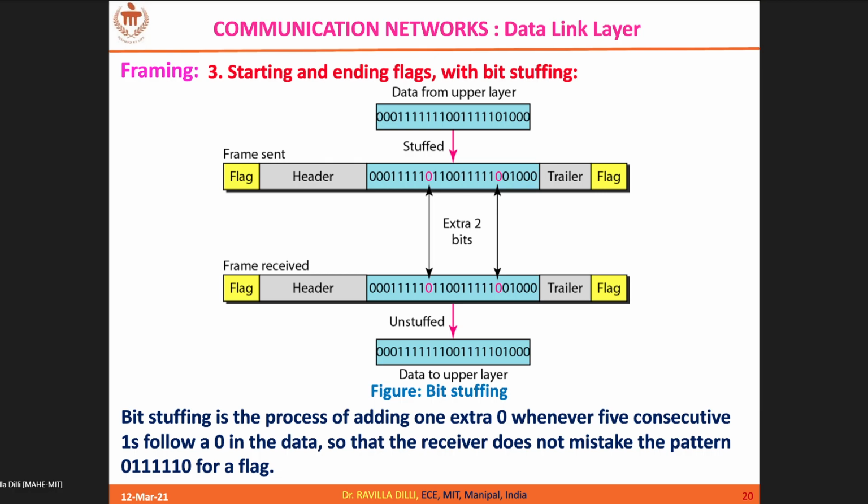Sir, but the whole point of bit stuffing is to differentiate it from the data, if the data has the same pattern as the flag bit. Yes, but here the data isn't the flag bit, it is just normal data. You don't know what the sixth bit is that is coming, right? You don't know. Okay. So when you encounter continuous five ones, just insert a 0.